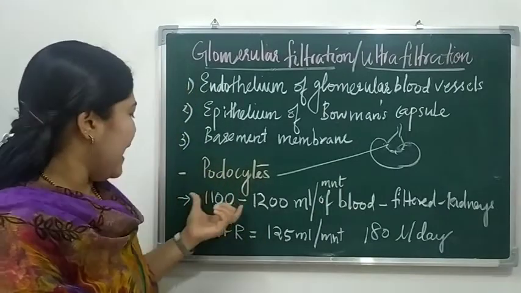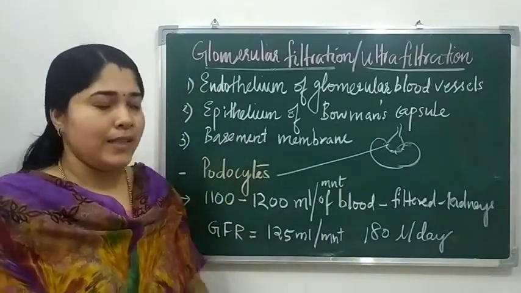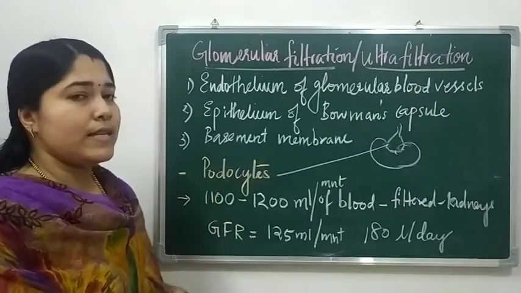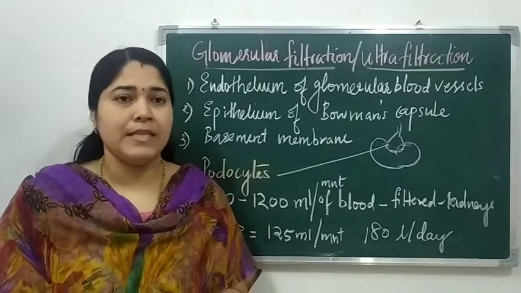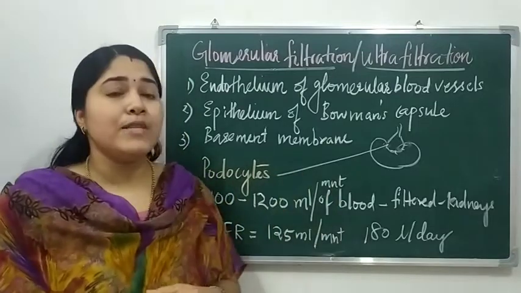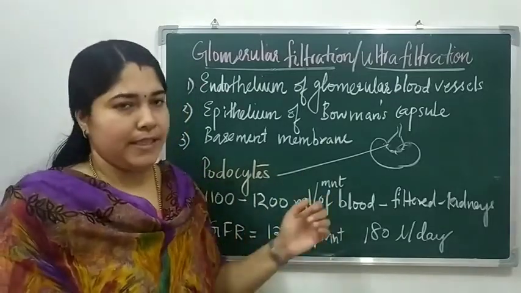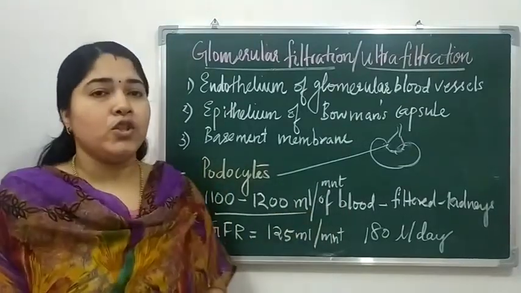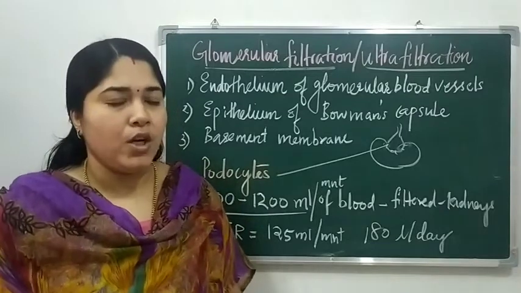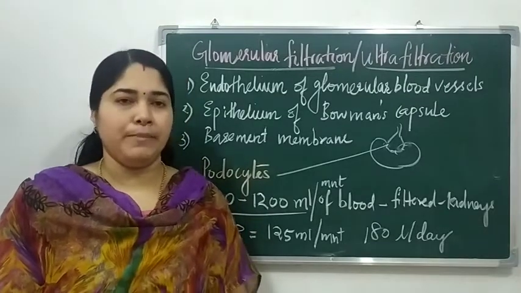On average, in a normal individual, about 1100 to 1200 ml of blood is purified by the kidney per minute, so 1100 to 1200 ml of filtrate is formed per minute.